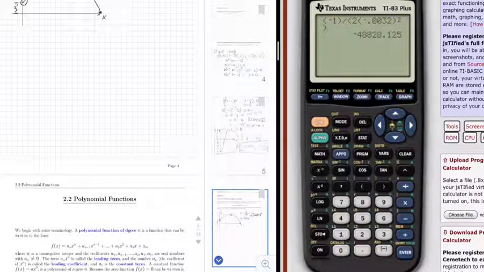So example 6. Negative, let's find where we made a mistake. Plus x plus 3, so that's actually okay.